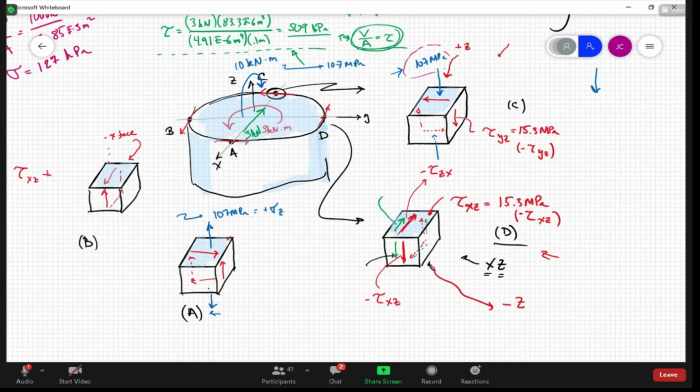So again, it's a negative ZX, and that has the value of the 509. Correct? Now, what about at point B? It acts in the other direction, right? Like they act destructively. And it doesn't do anything at points A and C. Does that make sense?